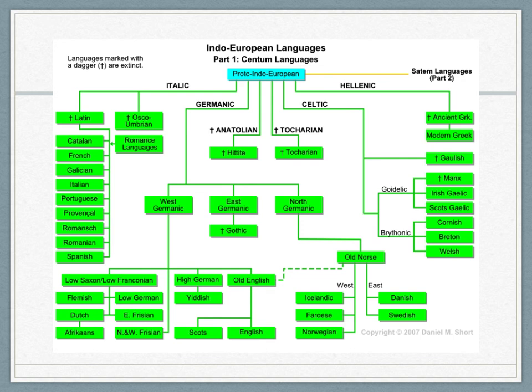Here's an image that shows our branch, or sort of half, of the Indo-European branches. Okay, again, do not memorize this, but just take a look and see where English is. Where our closest living relatives are German and Scandinavian languages like Norwegian, Danish, and Icelandic.